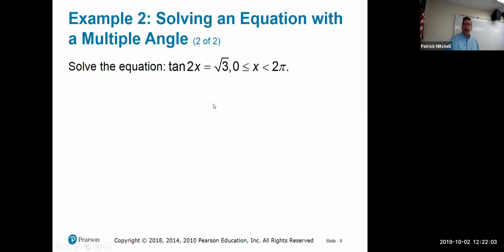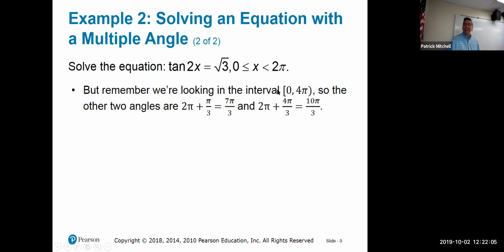Okay, but remember we're looking in the interval 0 to 4 pi, so that is 2 full trips around the circle. So in the first trip around the circle, you get pi over 3 and 4 pi over 3, right? But then in the second trip around the circle, you add 2 pi to those, so we also get 7 pi over 3 and 10 pi over 3.